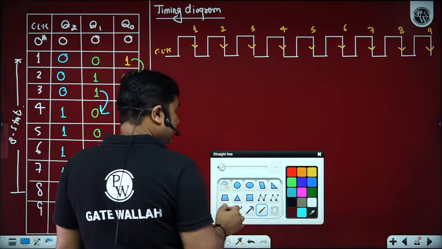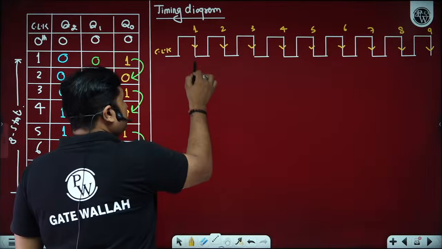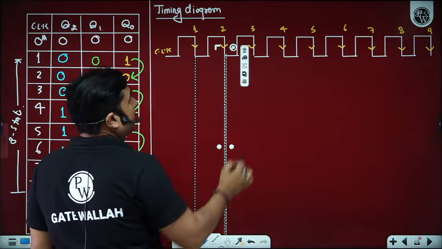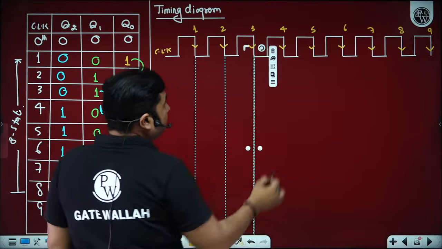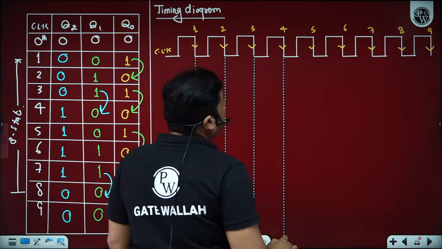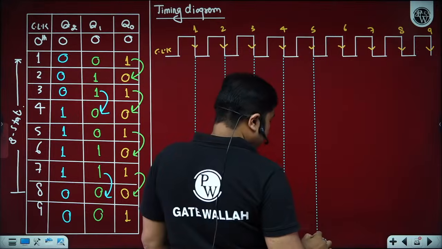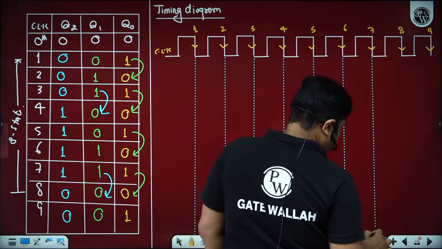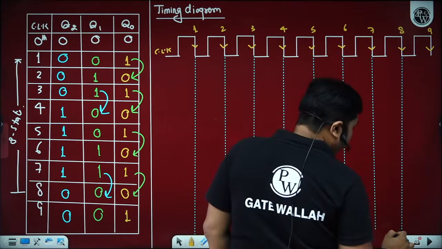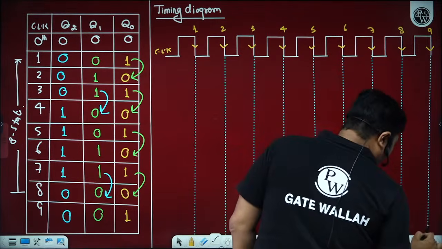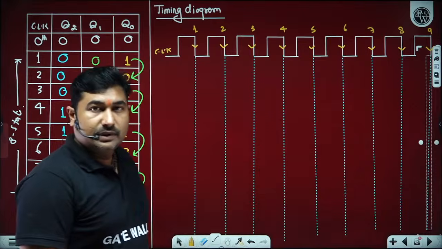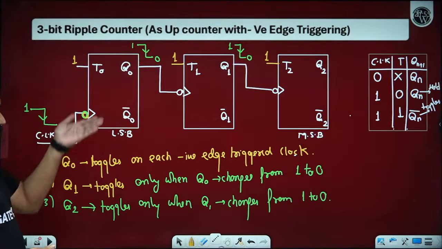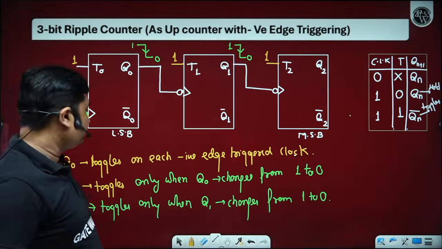We have studied in the logic gates where we have completed the astable multivibrator. Okay. So if we have a clock, then the clock appears onto the flip-flops whenever the clock level changes from high to low, because it is a negative edge triggered clock.